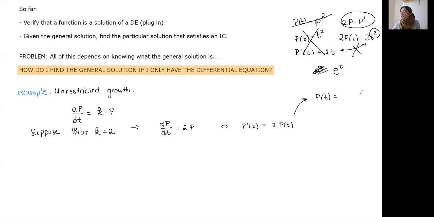If I have e to the 2x or e to the 2t, I'm going to have that the derivative is going to be 2 times e to the 2t, so 2 times the original function. So I have, if p of t is e to the 2t, then that means that p prime of t is equal to 2 times e to the 2t, which is 2 times the function p of t.